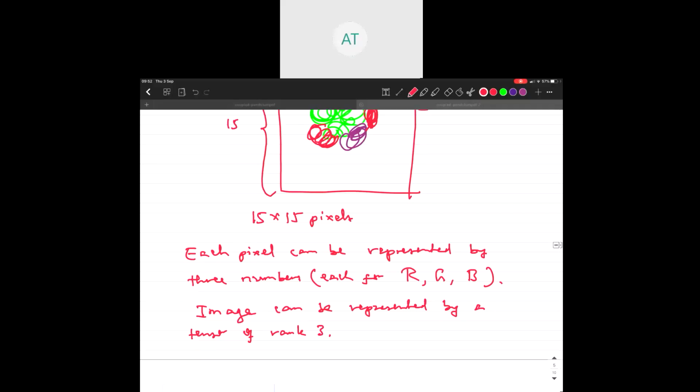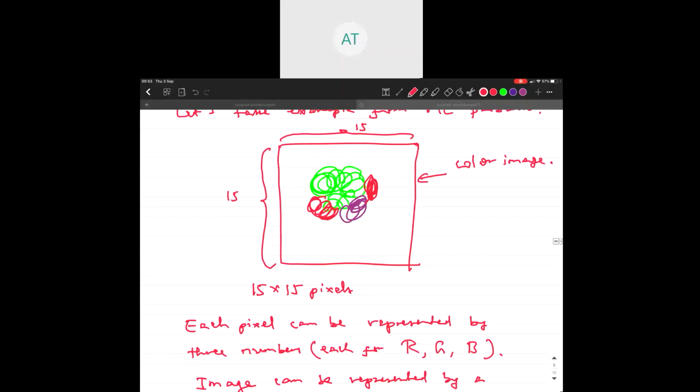As if this image goes as layers. So 3 layers, right? One for R, one for G, and one for B values. And it would again be a 15 by 15 layer. So the same quantity can now be represented by 3 layers.